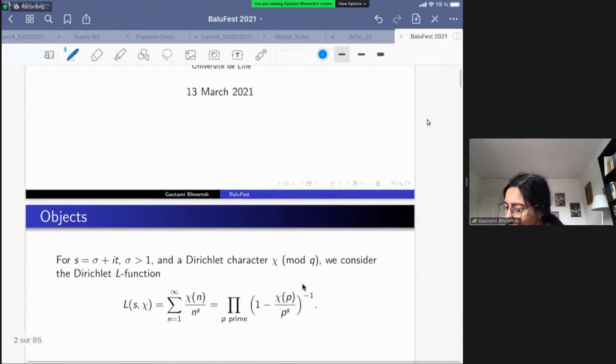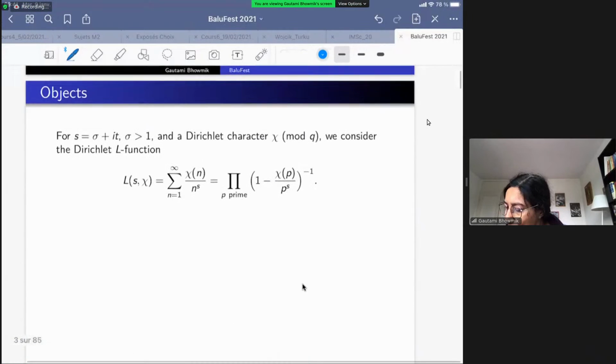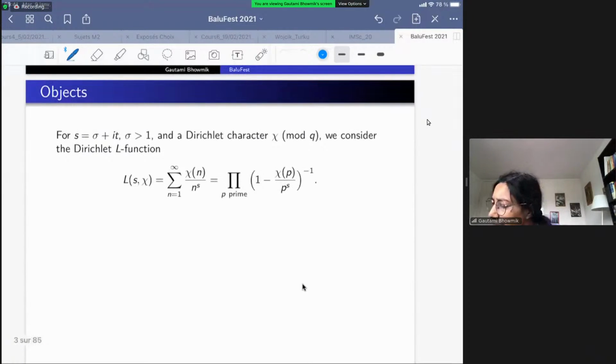So what do I have? I have a Dirichlet character chi, which is modulus some q, and I consider the L function associated to it, which is the sum of chi of n by n to the power s and can be written as an Euler product.